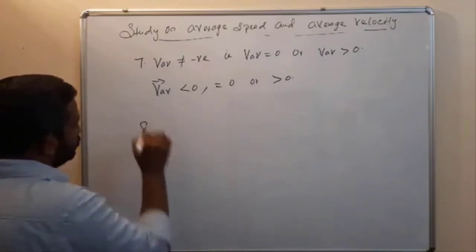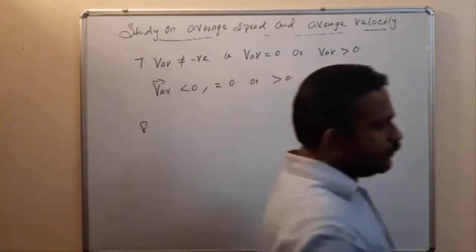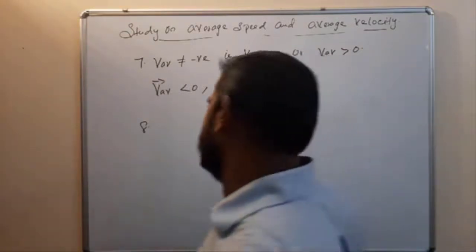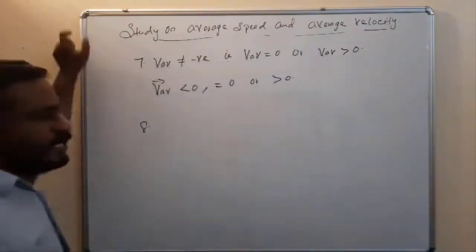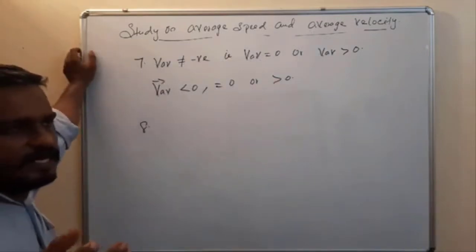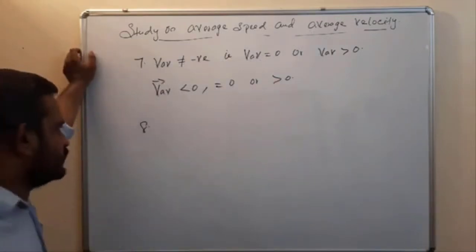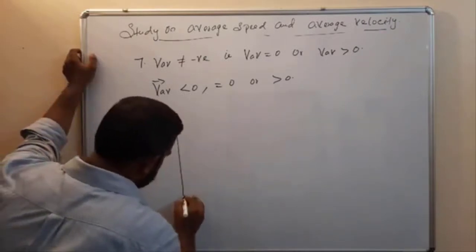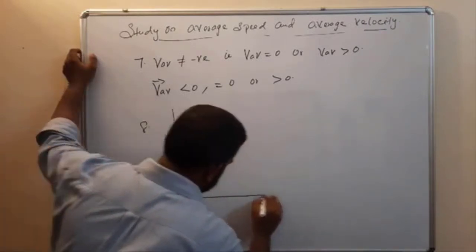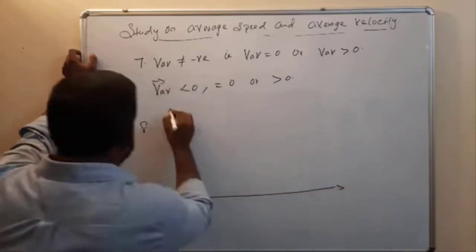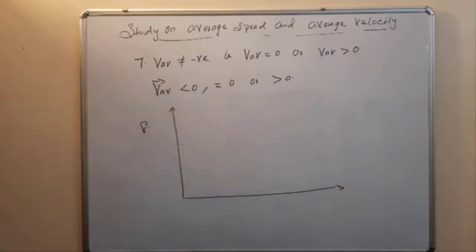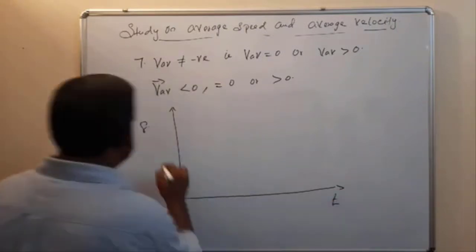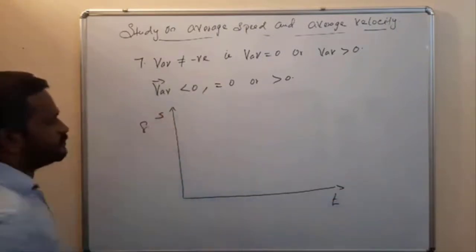Eighth point. If you draw a graph between time and displacement or distance, this is time t, this is displacement.